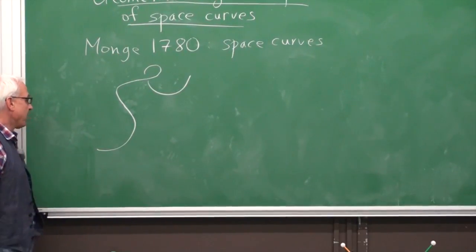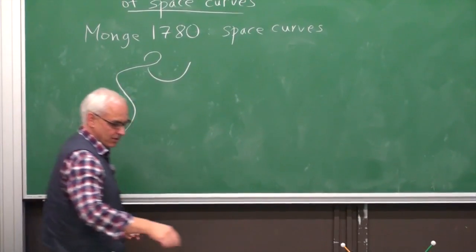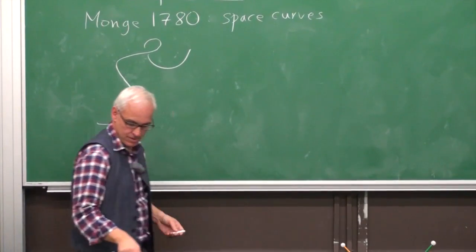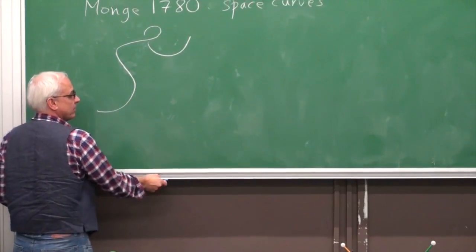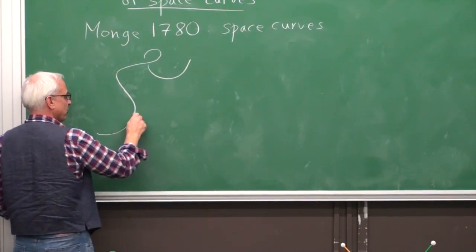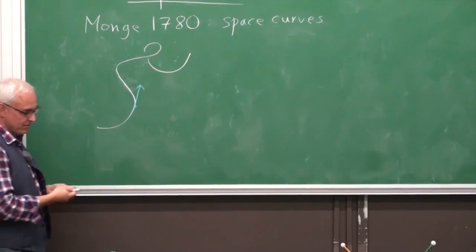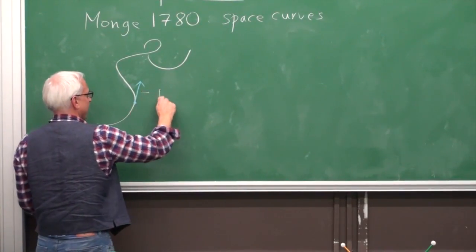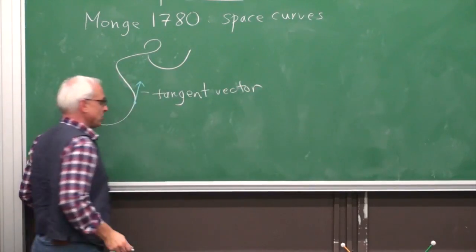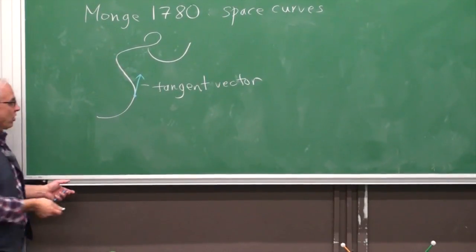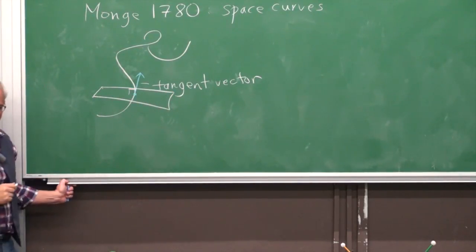Okay, so we can imagine a particle moving along it, and we can talk about a tangent vector at a point like that, and then naturally associated to such a tangent vector is the perpendicular plane at that point, which is normal to this tangent vector.